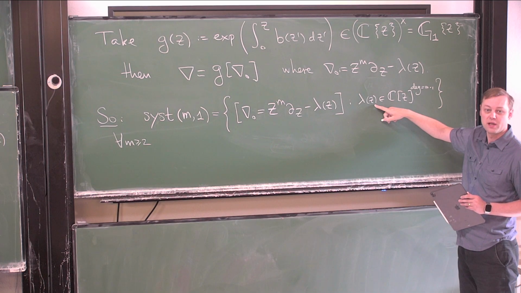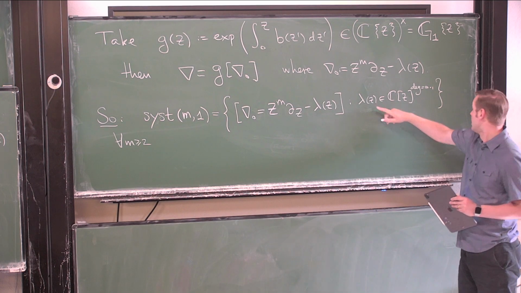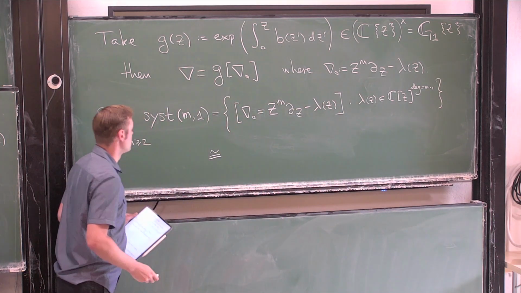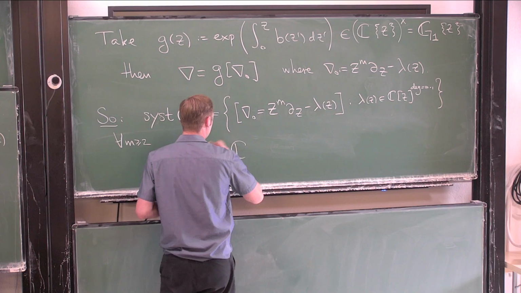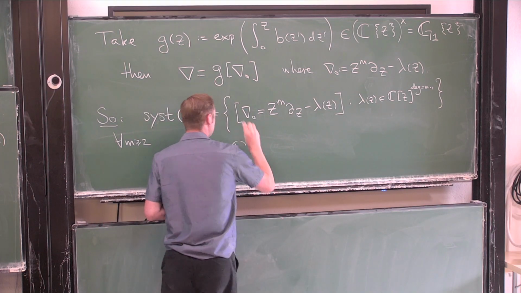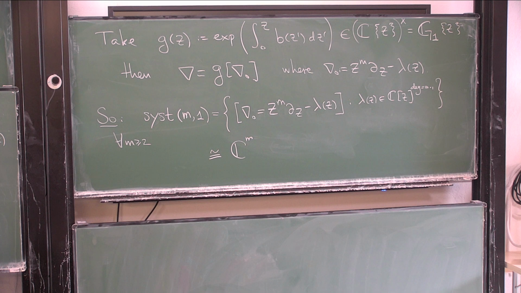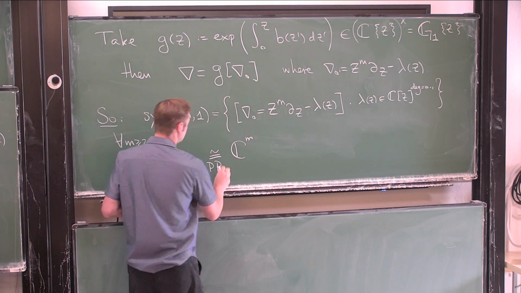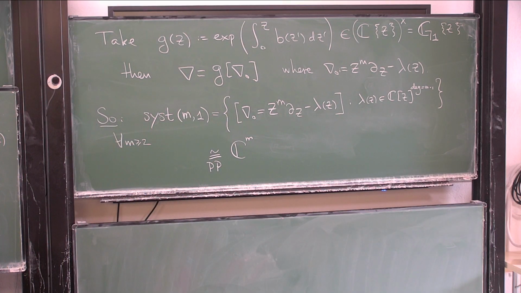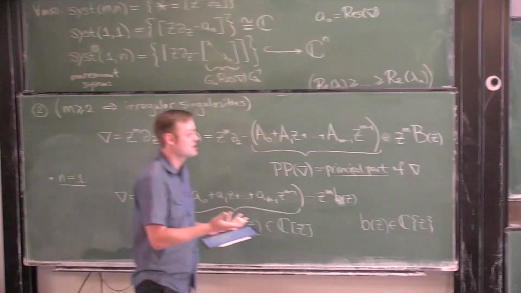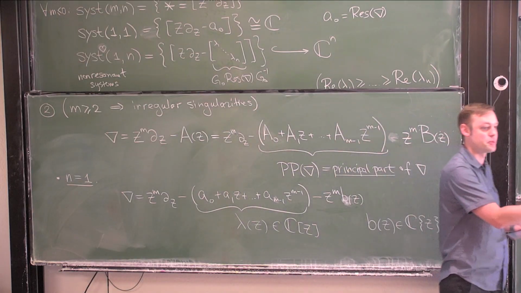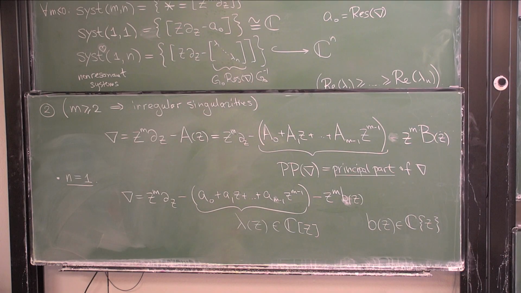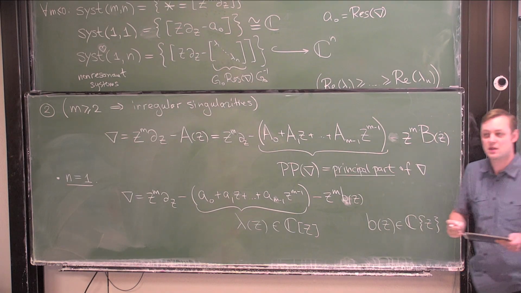That specifies completely a polynomial. And therefore, this moduli space is just isomorphic to C to the m. You can think that the isomorphism here is essentially just the principal part. You take a rank 1 system, you extract the principal part, you look at the coefficients of the principal part, and that's precisely the coordinatization of your moduli space.